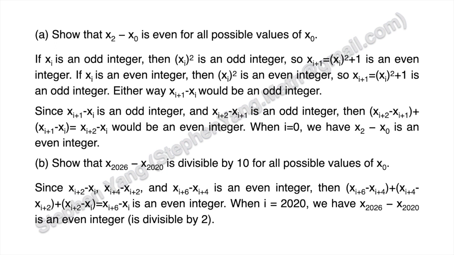And when i equals 2020, we have x2026 minus x2020 is an even integer, which is divisible by 2.